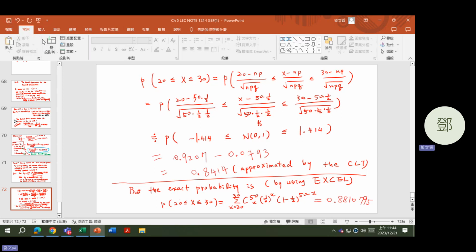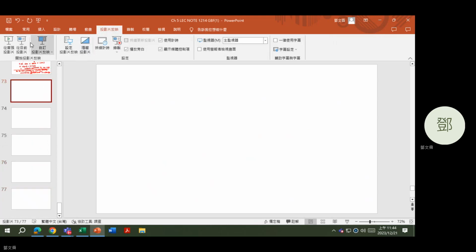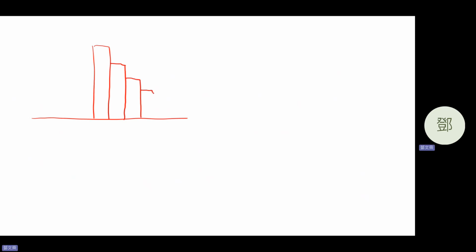Yeah, this is the binomial distribution, here, and here, and here. And this is a fake figure, just for demonstration, okay? Don't complain, and don't tell me it is ugly.